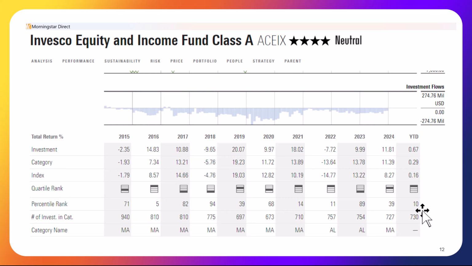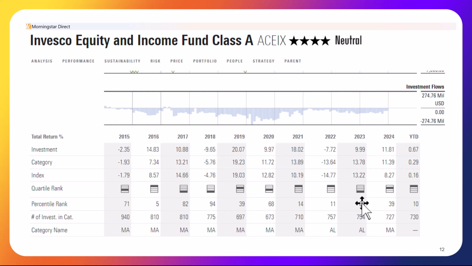This mutual fund is at the 10th percentile, which means there are 73 funds that perform worse than this, and there are 640 odd some mutual funds that perform better. So this particular year to date, we would say they're not performing quite as well as other mutual funds.